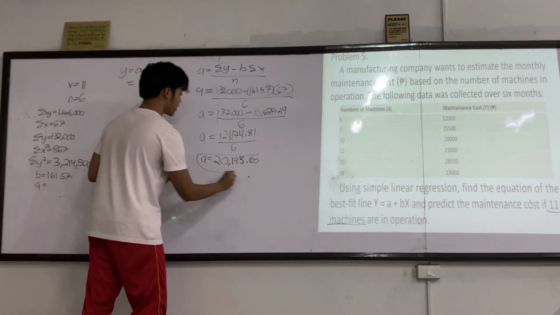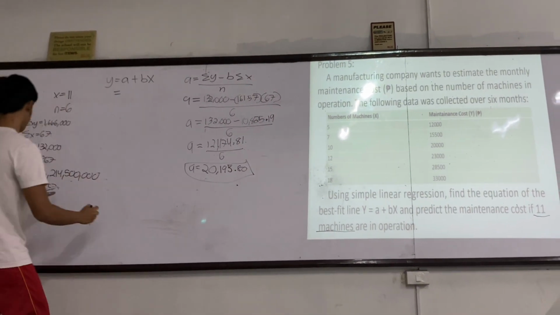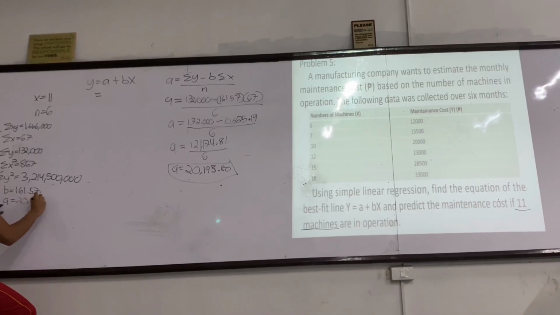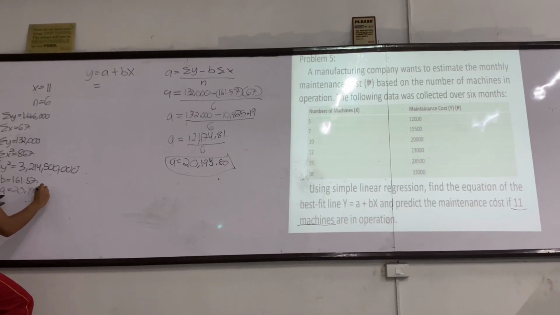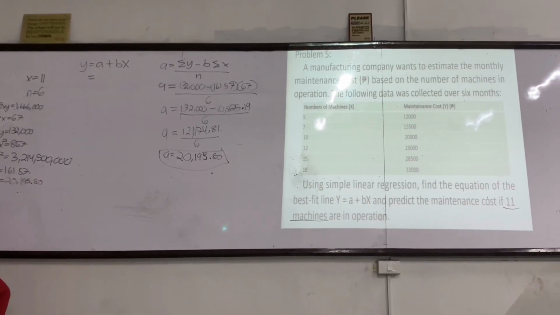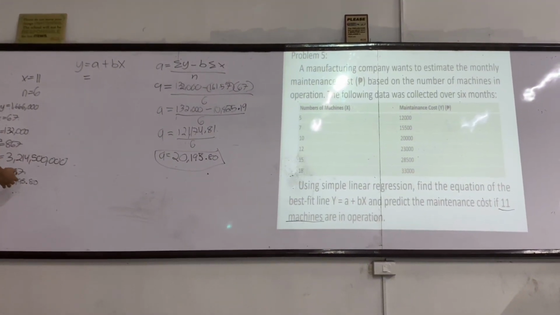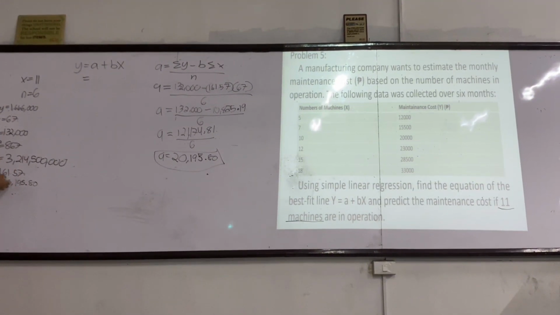So this is the value of A. Value of A, 20,195.8.